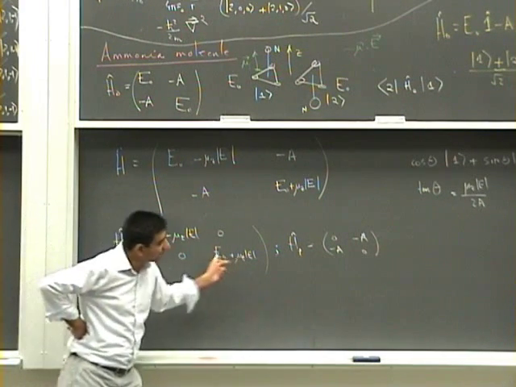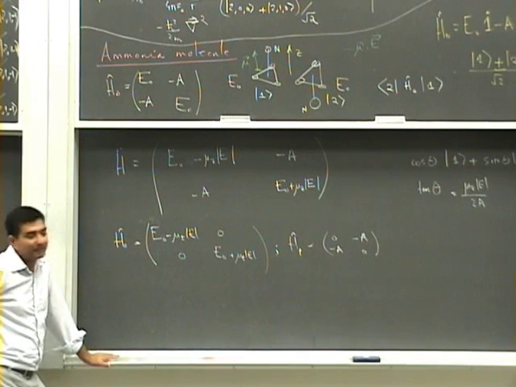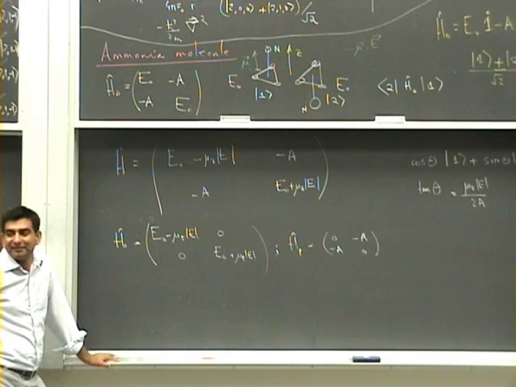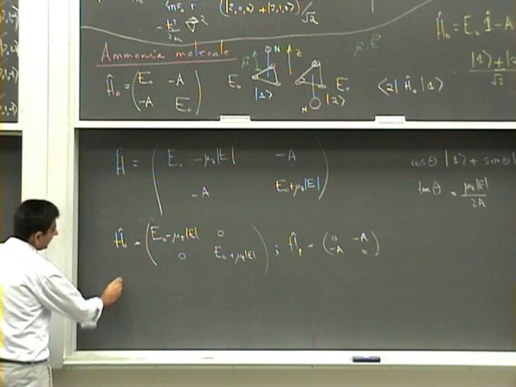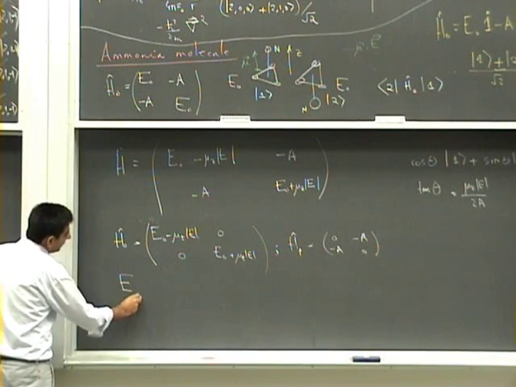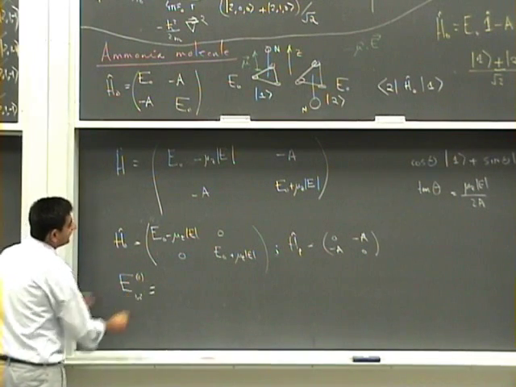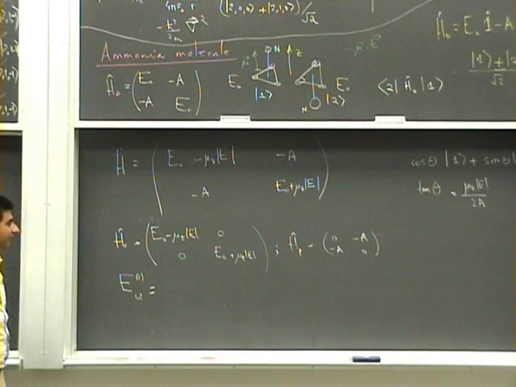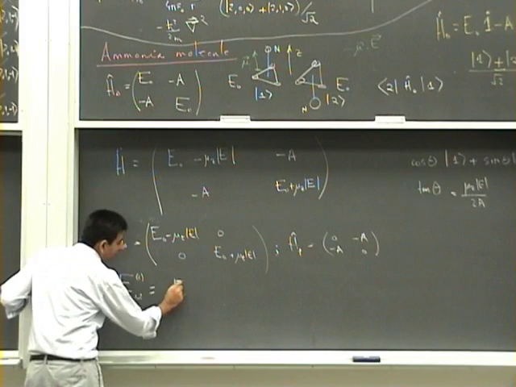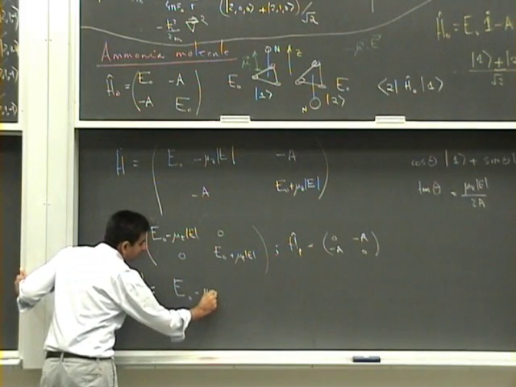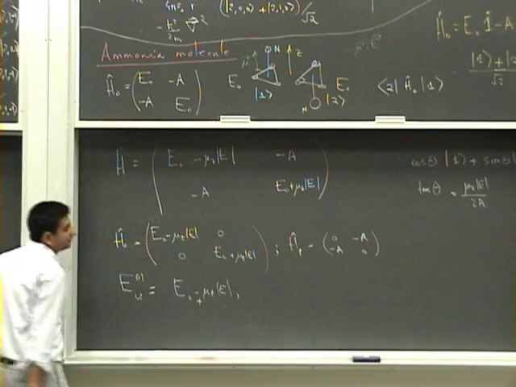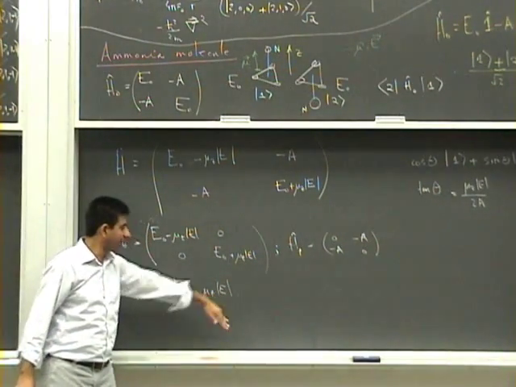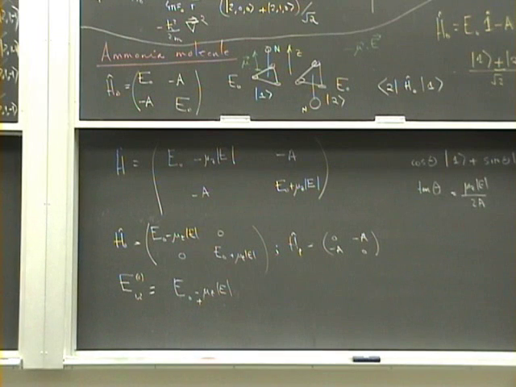Now the perturbation is much smaller than the unperturbed Hamiltonian. The unperturbed eigenvalues, E1, 2 unperturbed, with this prescription, are simply E naught minus mu G E and E naught plus mu G E. So these are just these terms.